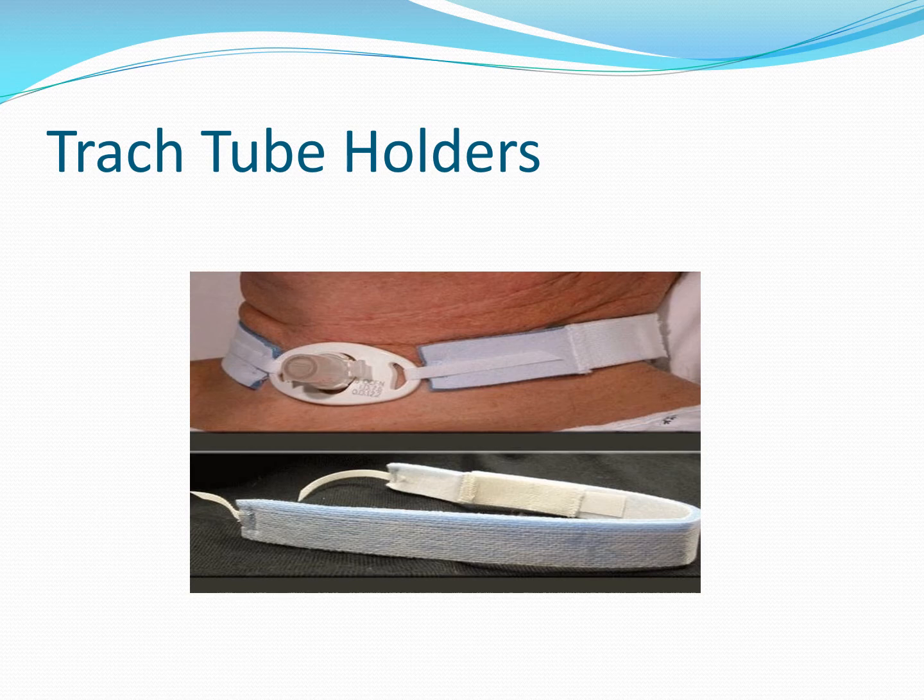A couple of words of caution with trach tube holders. I mentioned in the preceding slide that you can use twill tape. Twill has a wider diameter than a shoelace, but when actually put in place around the neck, it is sort of like a piece of rope.